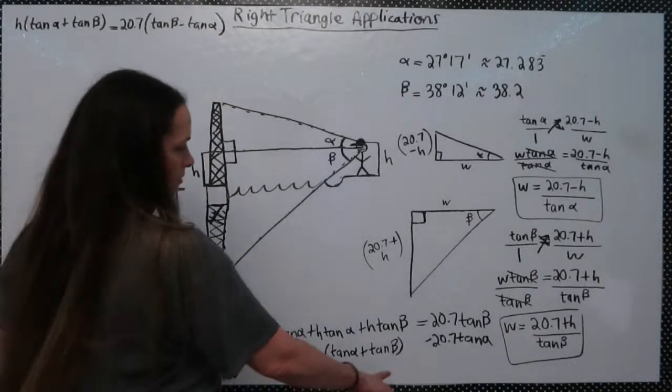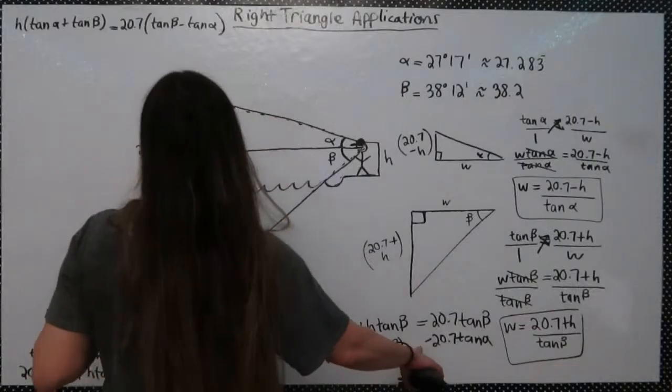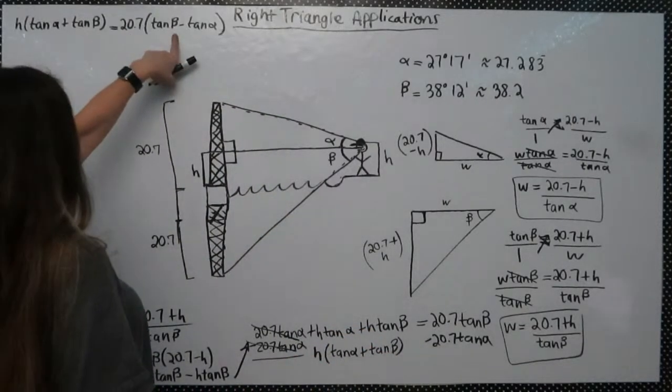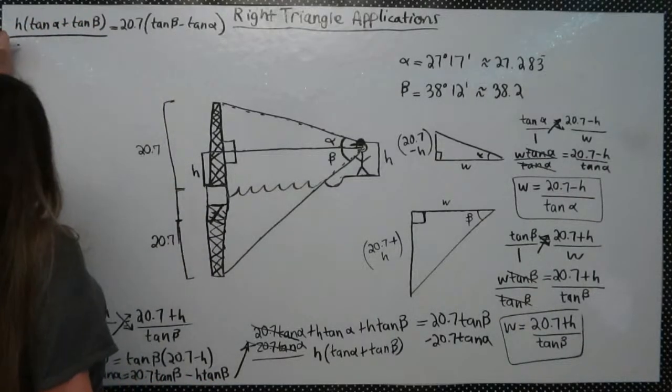I think that'll cover that because it's 20.7 tan beta minus 20.7 tan alpha. So if I just factor out the 20.7, then I can condense it, which is just helping me to shortcut it until I plug in my values.